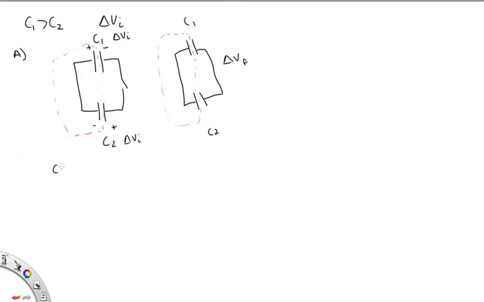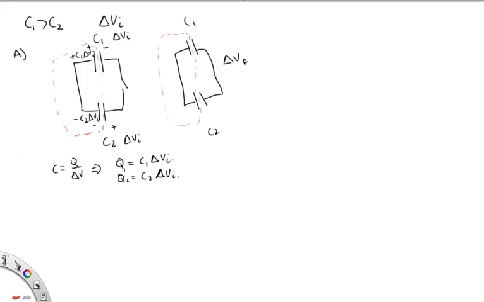We know that C is equal to Q over delta V, so that tells us that Q1 is equal to C1 delta VI and Q2 is equal to C2 delta VI. So here we've got plus C1 delta VI and here we've got minus C2 delta VI.